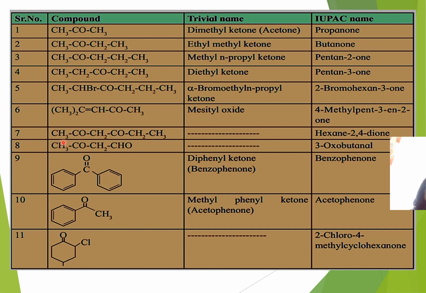Then CH3COCH2COCH2CH3 means 2 carbonyl groups are there, so a 6 carbon chain: hexane-2,4-dione.